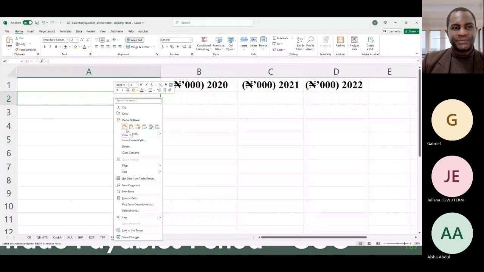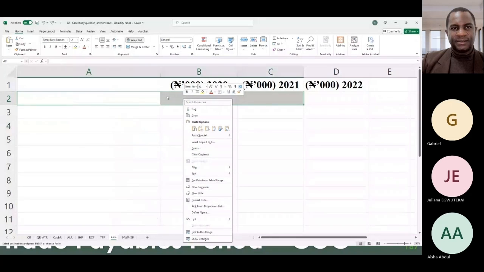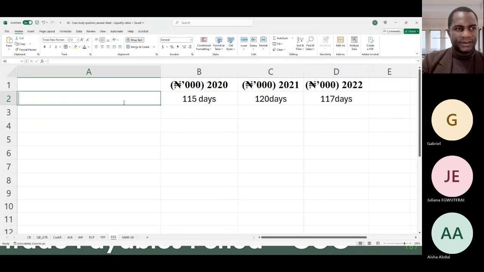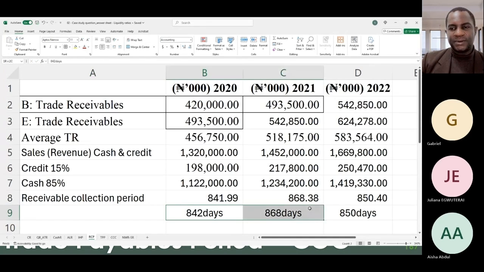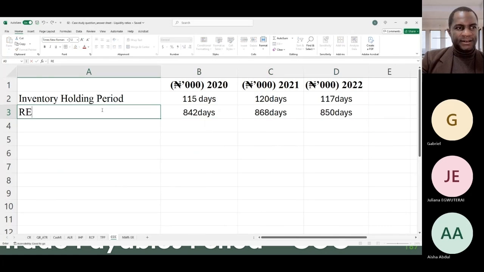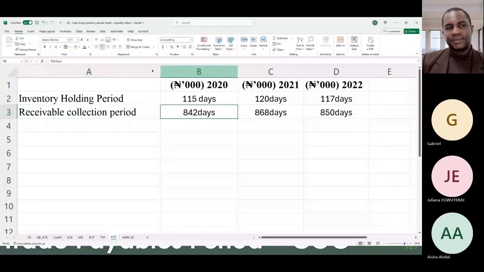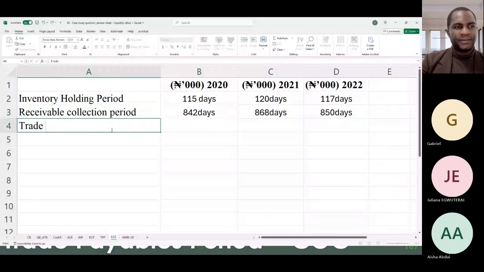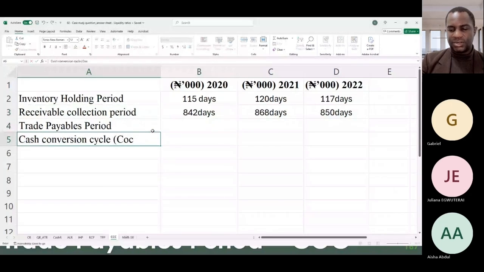So we have the inventory holding period, the receivables collection period, the trade payables period, and the cash conversion cycle, also known as cash operating cycle. Any one you use is fine.